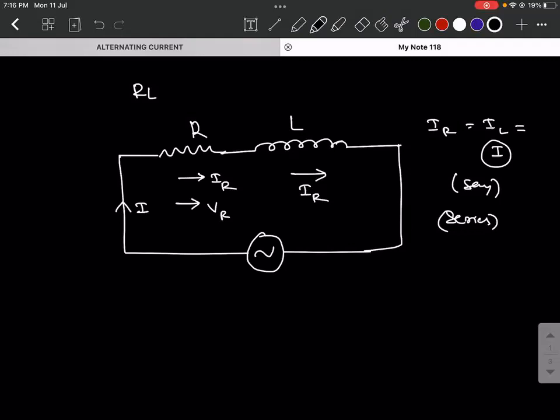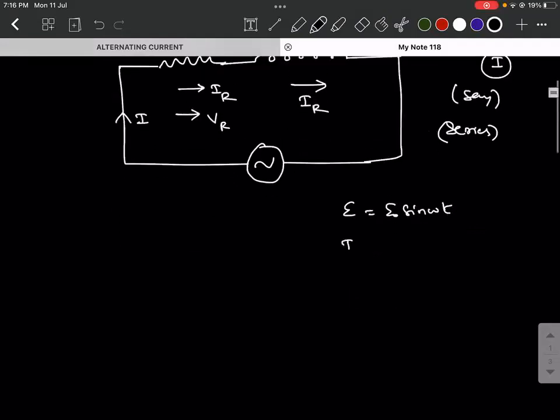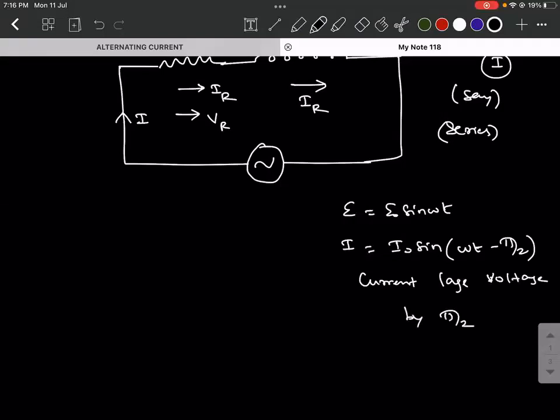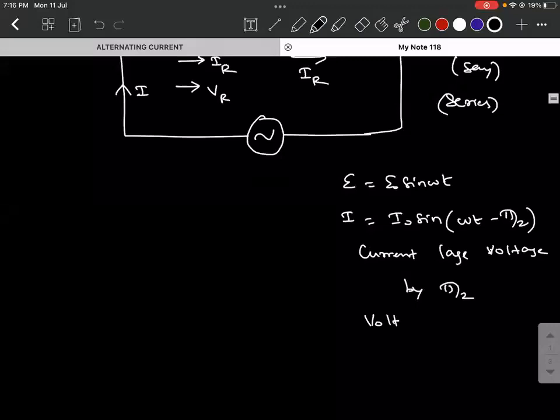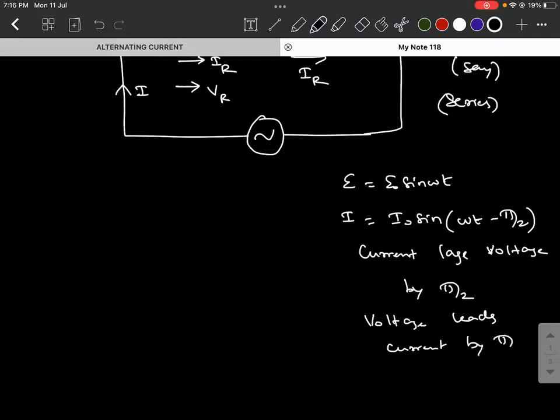If E is equal to E naught sine omega t, I will be equal to I naught sine of omega t minus pi by 2. Means the current will lag the voltage. Current lags voltage by pi by 2. Then I can say voltage leads current by pi by 2.